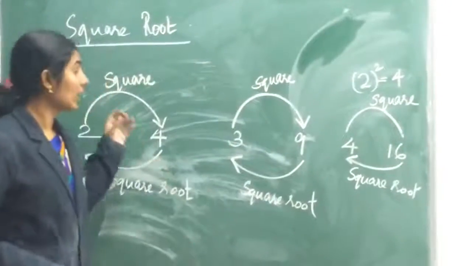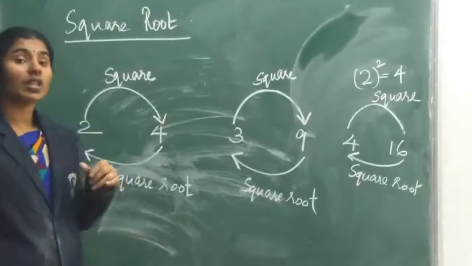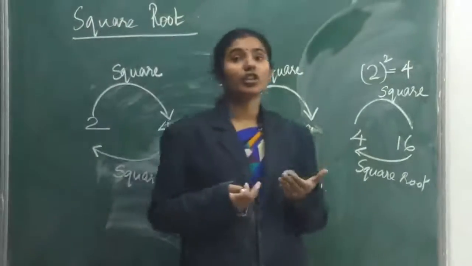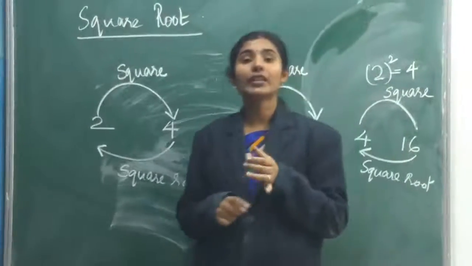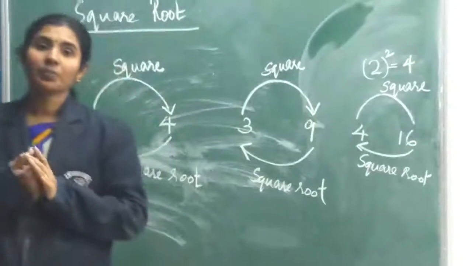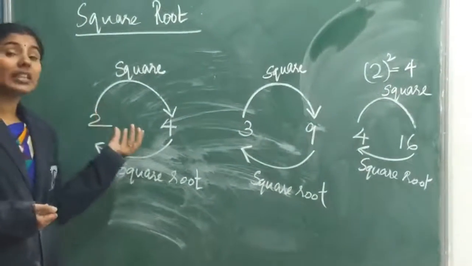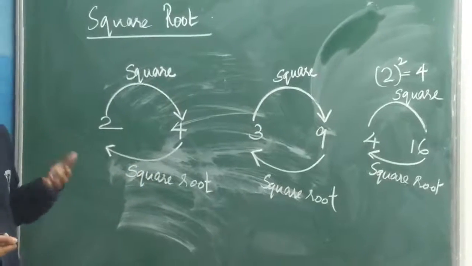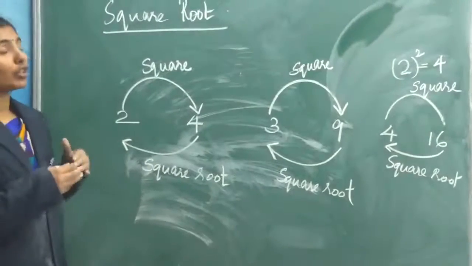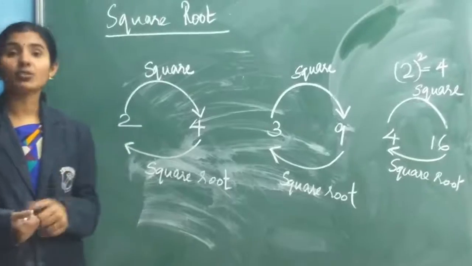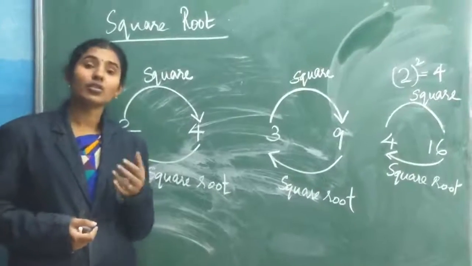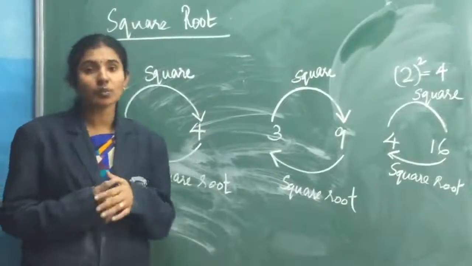Okay, in the same way you should do these sums. But it is not easy to find this one for large numbers. So by factorization, you should know how to find the square root of a given number. If you are given small numbers, you know how to find the square root. But if you are given large numbers, how to find the square root? For that type of number, you should apply the factorization method.